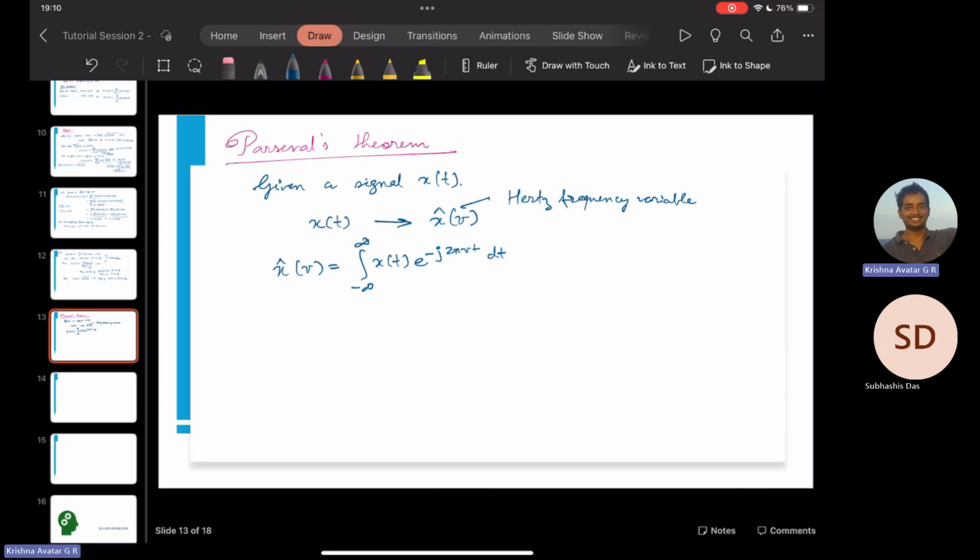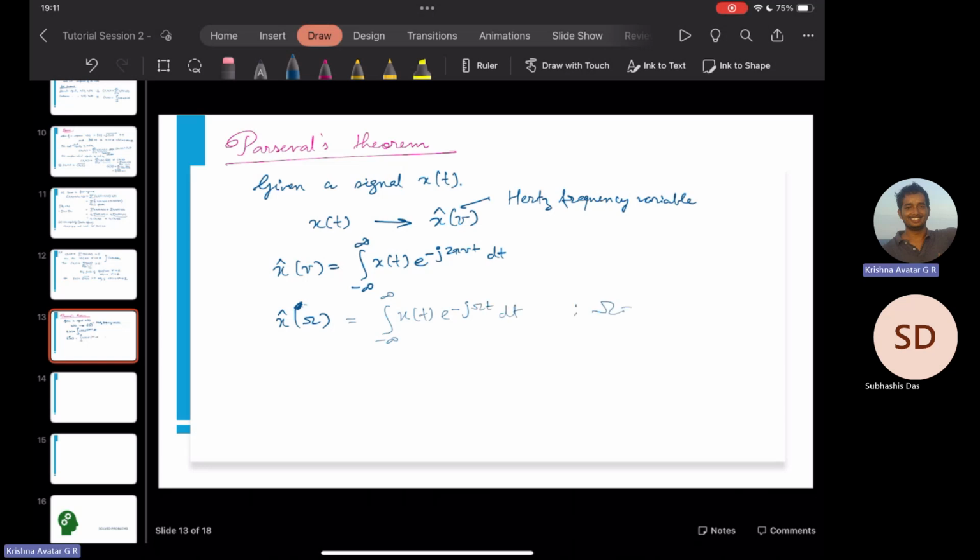And many a time in engineering we often tend to use not the Hertz-based frequency but the angular frequency. In that case, the expression becomes x of t e to the power minus j omega t, and then you have dt, right?